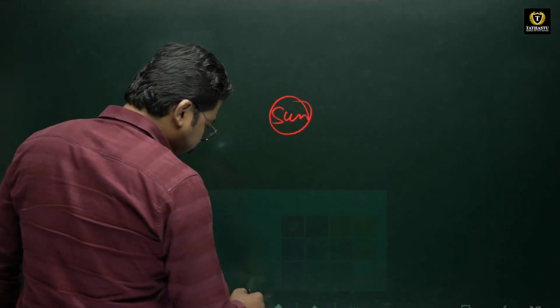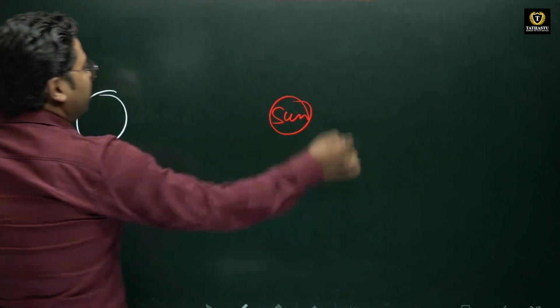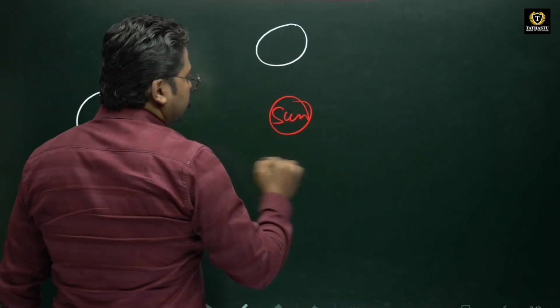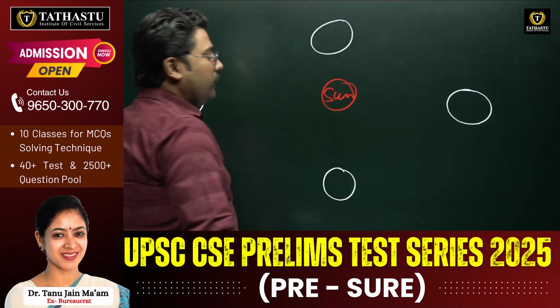This is Sun, and you can see there will be 4 positions of Earth.